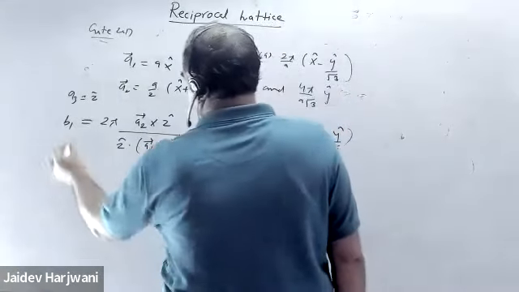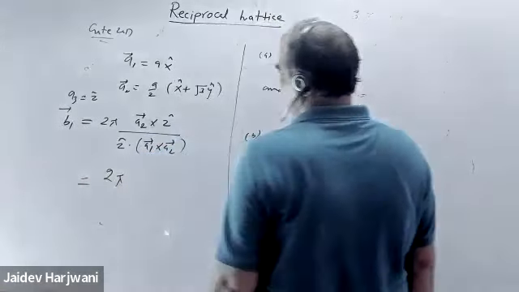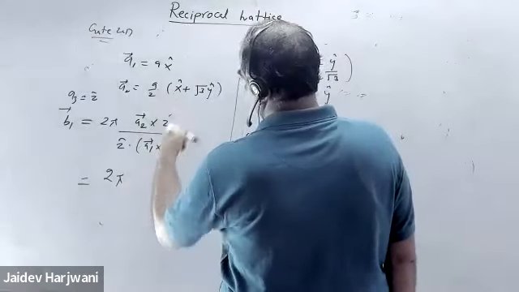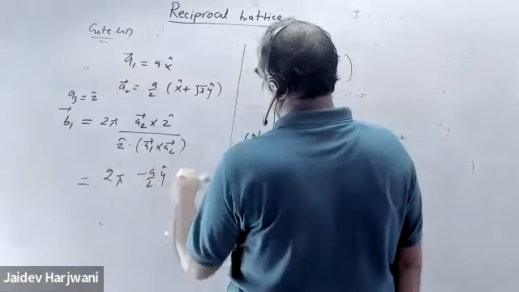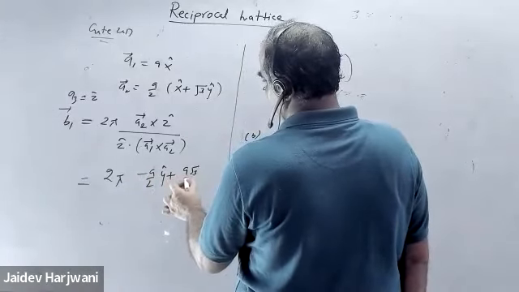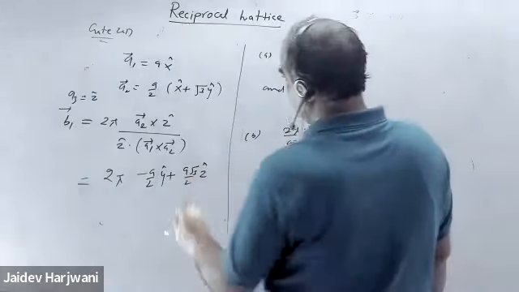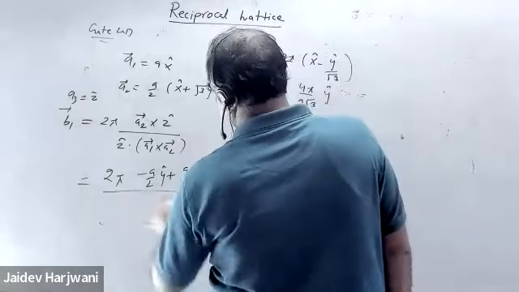So b1 will come 2 pi a2 z cross, so x cross z is minus y, so minus a by 2 y cap, okay, y cross z is x, so a root 3 by 2 x cap, and this is z cap.